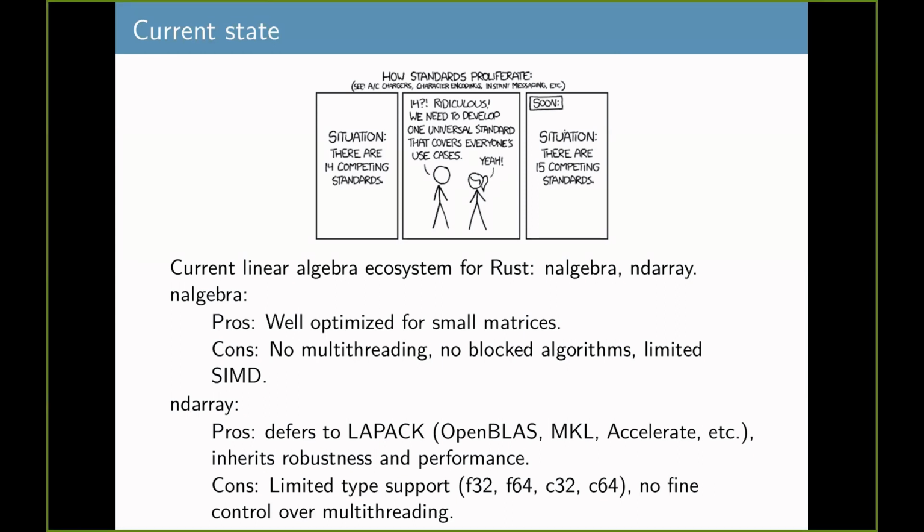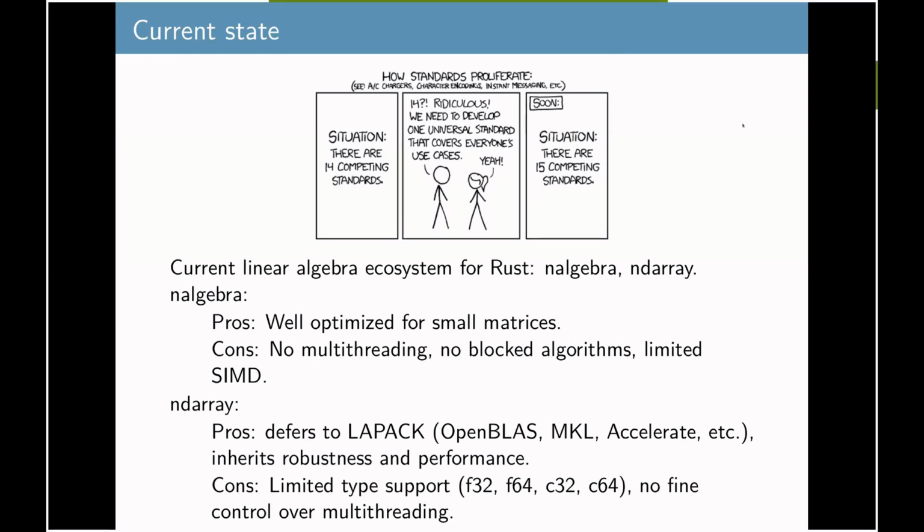And the other one is ndarray, which uses the matrixmultiply backend as well for matrix multiplication, but for other stuff, it mainly defers to LAPACK. So LAPACK uses OpenBLAS or MKL or something else under the hood. And this is good and bad.